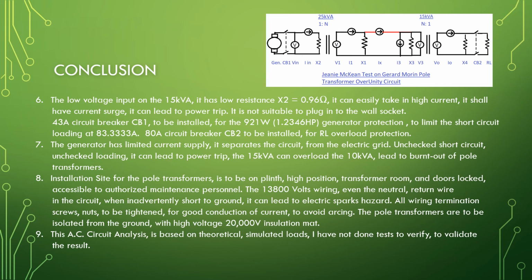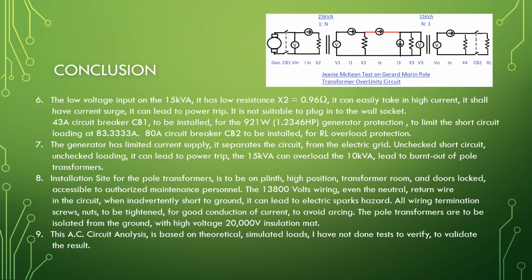A 43 ampere circuit breaker CB1 is to be installed for the 921 watt, 1.2346 horsepower generator protection, to limit the short circuit loading at 83.3333 ampere.